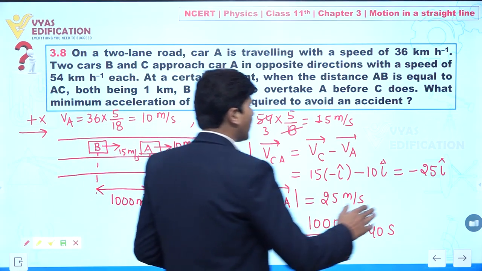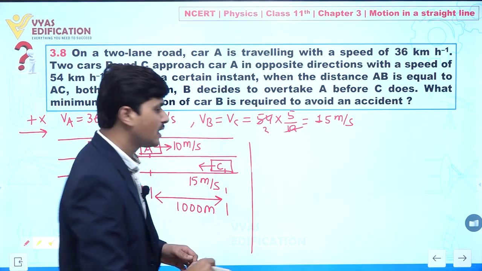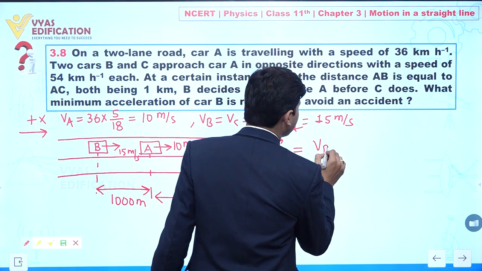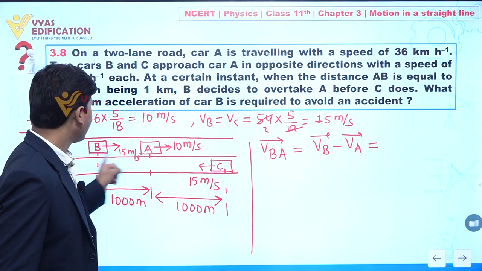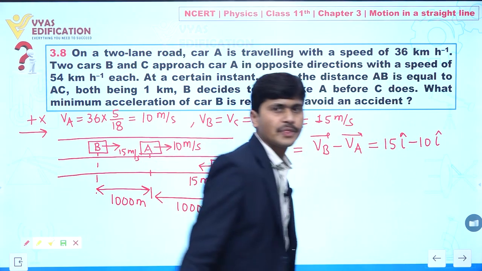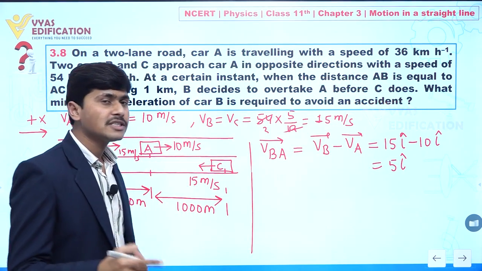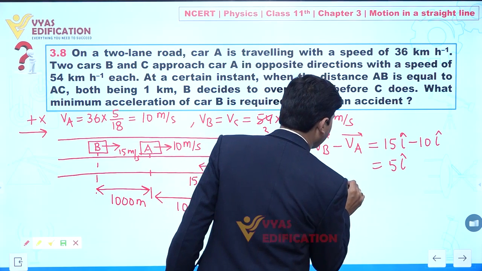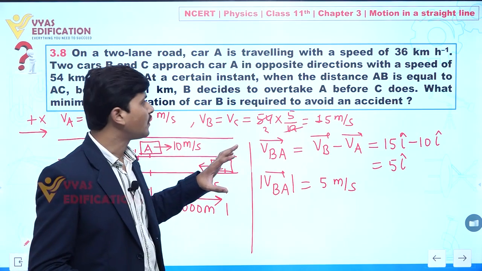So first we will find the velocity of car B with respect to A: velocity of B minus velocity of A. B is moving in the right direction, so this is 15 i cap minus 10 i cap, which is 5 i cap. The magnitude of this relative velocity is 5 meters per second. Is acceleration given to you? No, this we have to find.